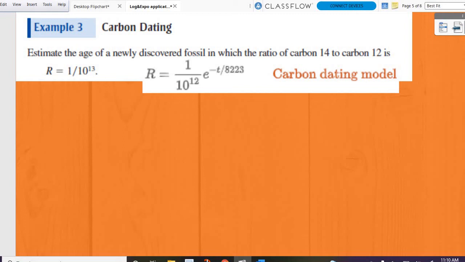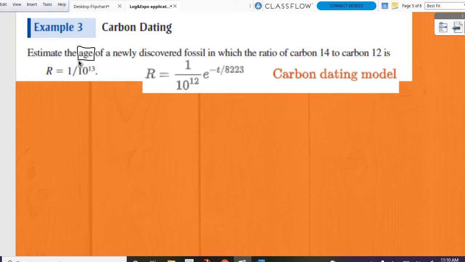What's it ask us to estimate? The age. Well, what is age? T, right? Because age is time. It's how much time has passed. So it's going to be our t value.